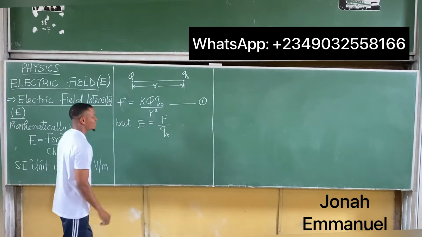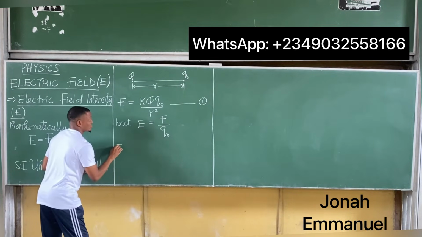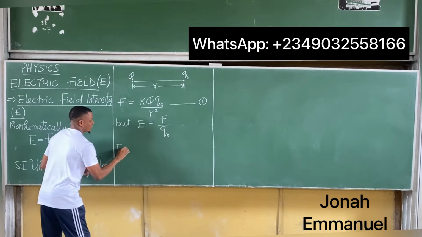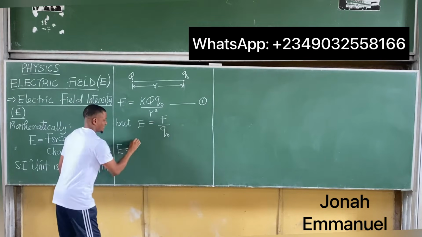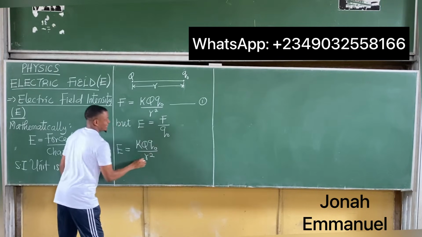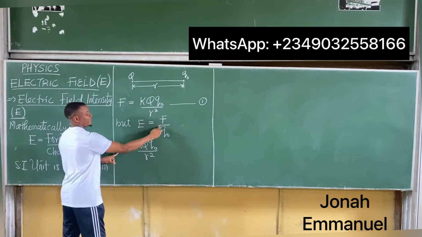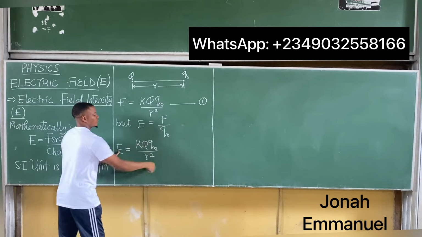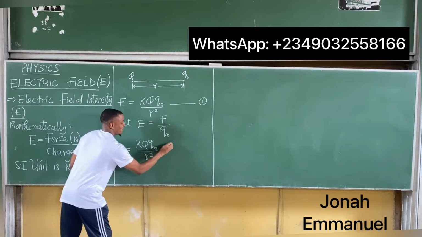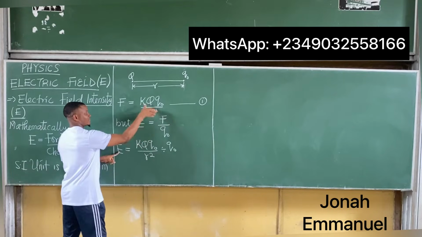If I substitute the value, electric field E is equal to force, that's K Q Q naught all over R squared. We said E is equal to force divided by charge. The force is now all of this, and I will divide it by charge.